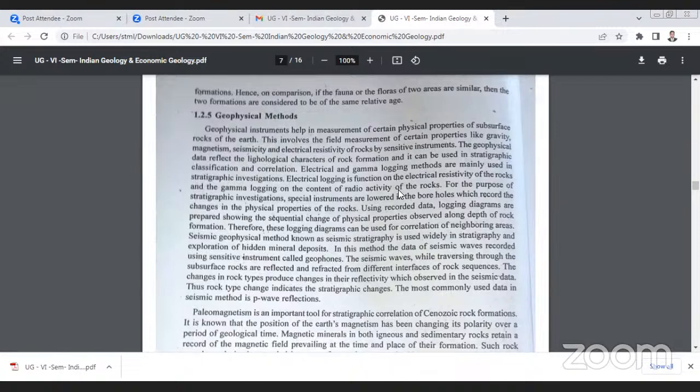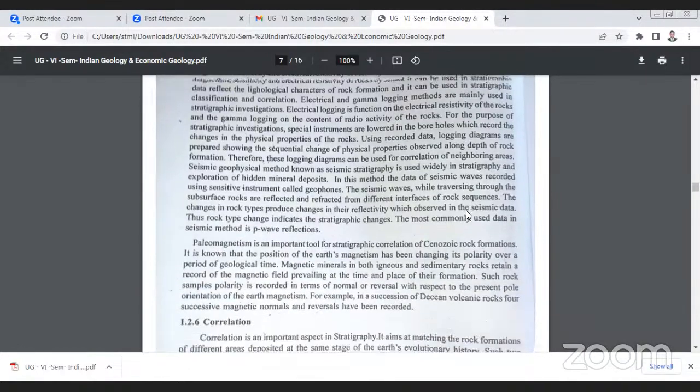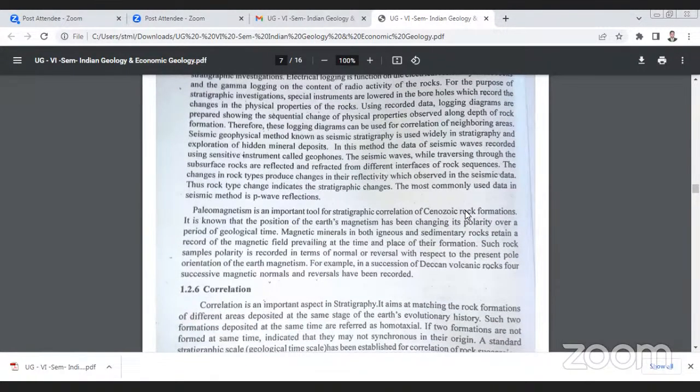For the purpose of stratigraphic investigation, special instruments are lowered into boreholes, which record the changes in physical properties of a rock.